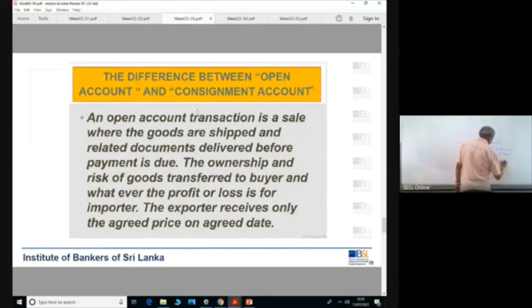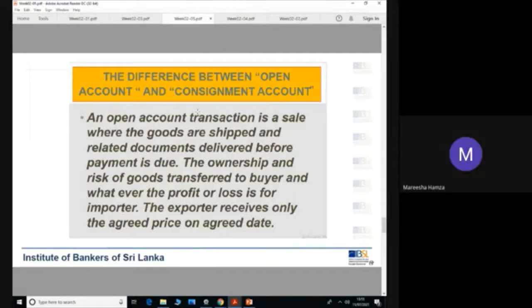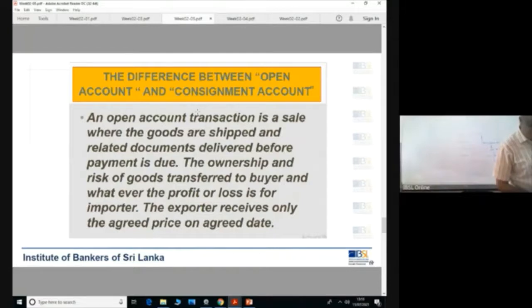Consignee, right? Consignee profit. How much? 5% of 125,000 is 6,250.